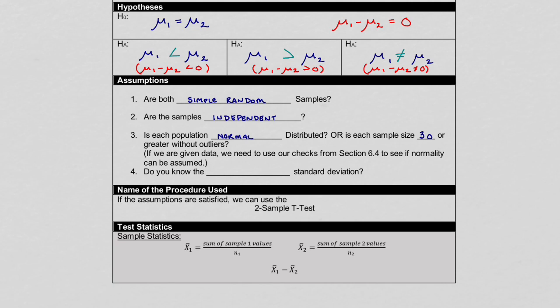So we would like to see a bell-shaped curve, and we would also like to see on our normal probability plot a relatively straight line without major deviations. So if we are given data, we need to use our checks from section 6.4 to see if normality can be assumed. And then lastly, for number 4, do you know the population standard deviation? So in other words, good old sigma.